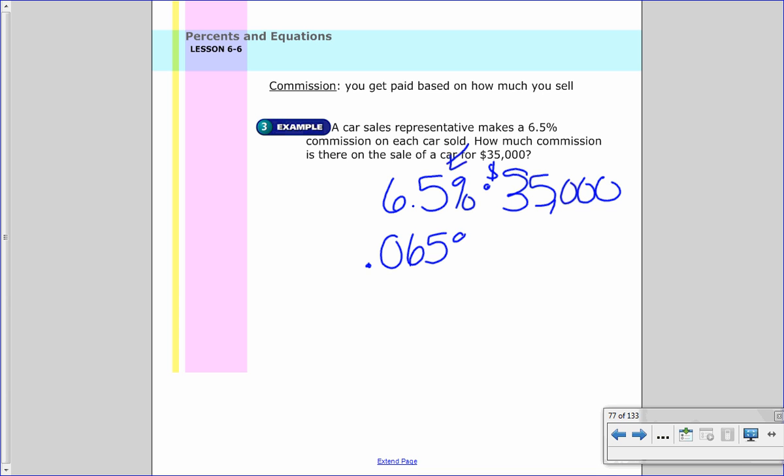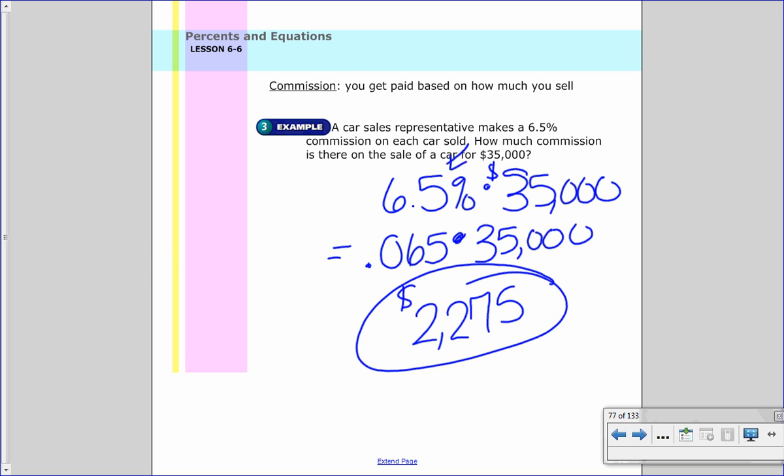So 65 thousandths times 35,000 will tell us how much he made. If you get out your calculator, 0.065 times 35,000 is $2,275. That's how much he made off of selling one car.